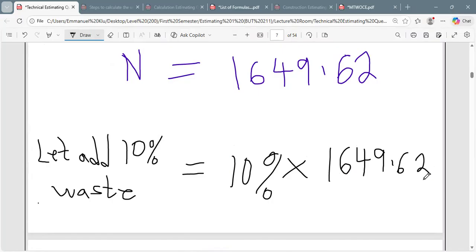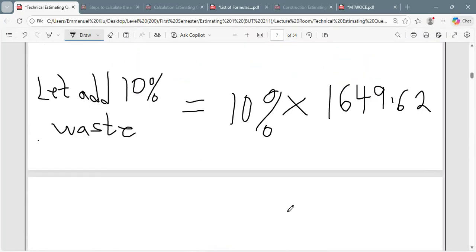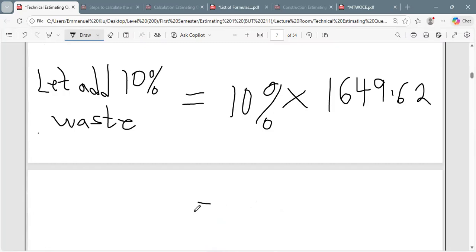Let's do that together. 10% times 1649.62, and you are going to get an answer of 167.962.